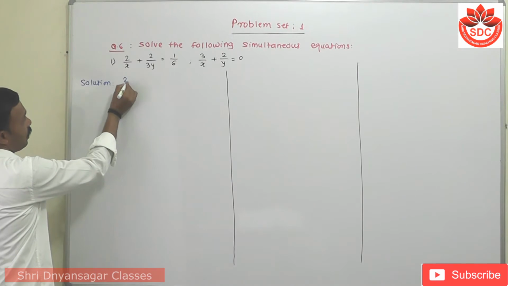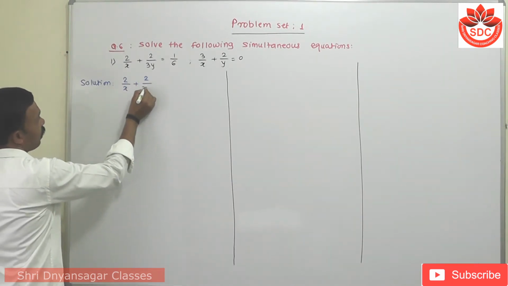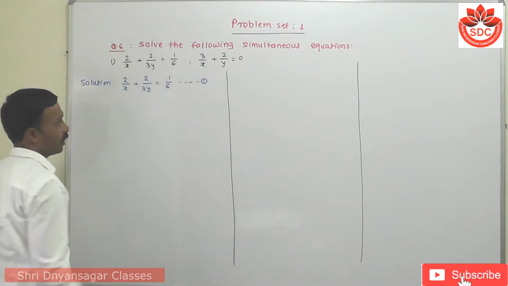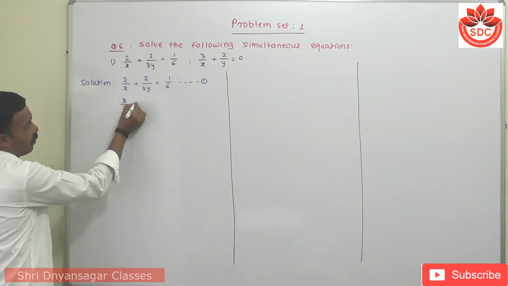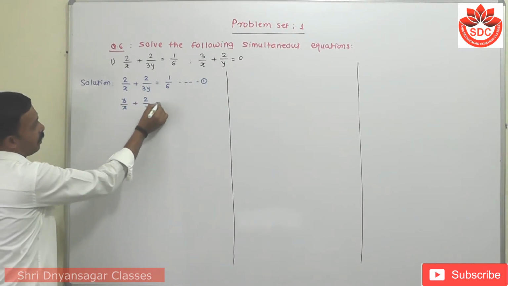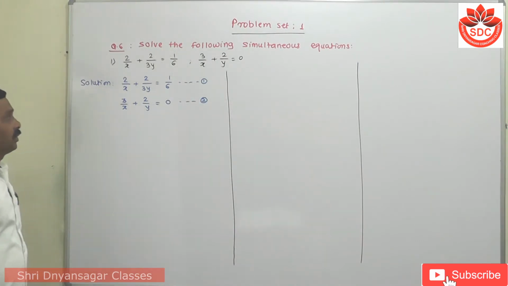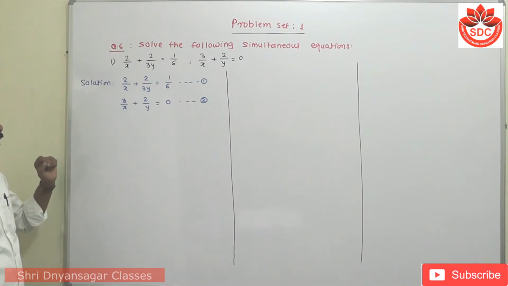First equation: 2 upon x plus 2 upon 3y is equal to 1 upon 6. Let this be equation number first. The second one is 3 upon x plus 2 upon y is equal to 0. Equation number second. Student, we have to use the substitution method here.